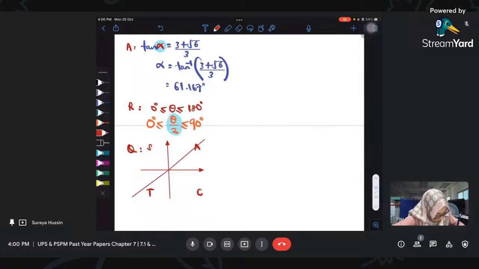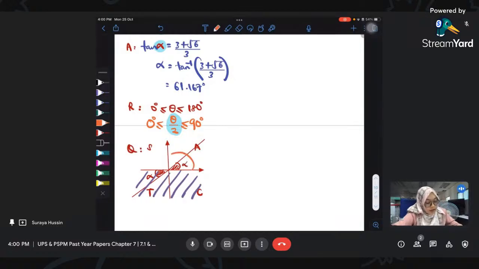So this is my alpha. My alpha is over there. The thing is, I have to cut down below here because my angle should be between 0 degree until 90 degree. That is the maximum that I can go. 90 degree is the maximum that I can go.